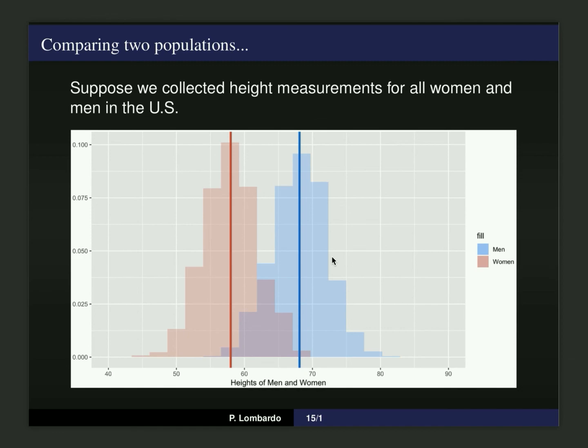But fundamentally, what we're trying to test is, if we had all the population histogram information, and we looked at the means, the balance points for those histograms, would they be different when we separate out by the population of men and the population of women? In this case, we can see visually clearly, yes, they are. But how do you test that if you don't have all the population data? How do you test that just by going off of samples?